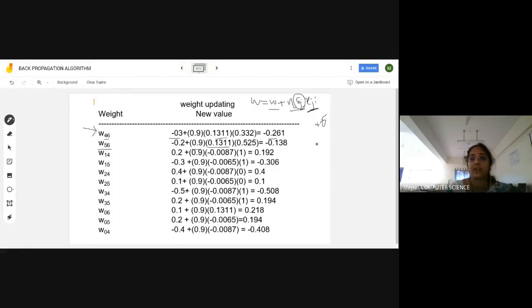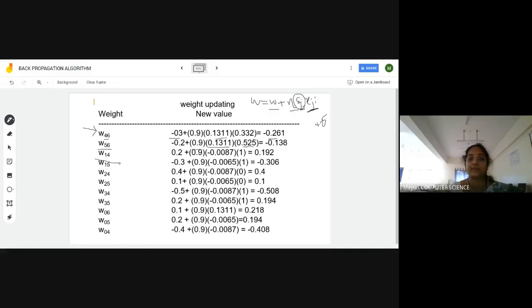What is J over there? 6. In Wij, J is 6. If J is 6, del J is the error at 6, which we have calculated. And the input we are supplying between 5 and 6 is nothing but the output we calculated at 5. Like that we do it for the respective weights.